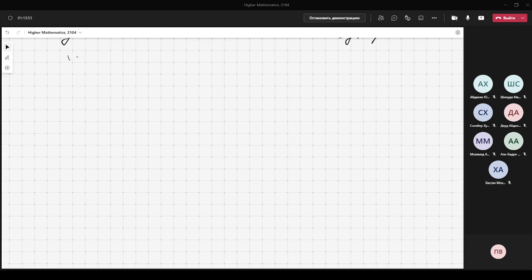x squared plus 2x minus 1 over x, minus x plus 2, equals minus 1 over x.